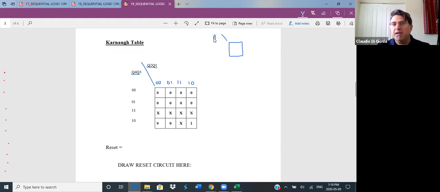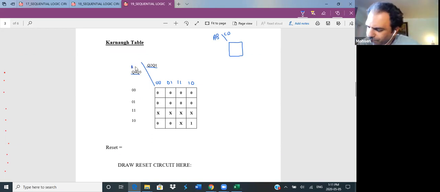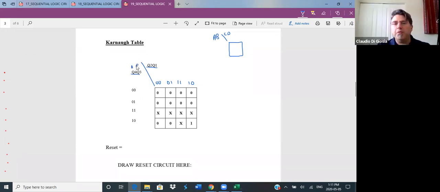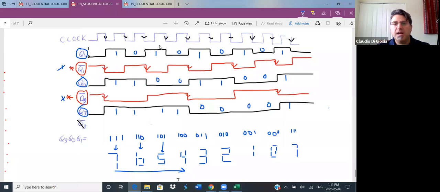Before, we said this was A, B, C, and D. So just do the same thing. Q4 is A. We're not going to use it, but it's just so that for now you have a little bit of a way of understanding it, okay? Remember that Q1 is D. If we go back to the previous handout here, have a look.